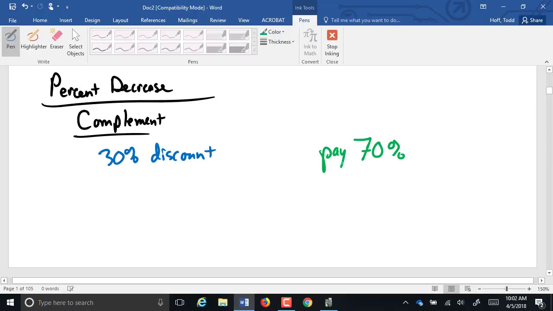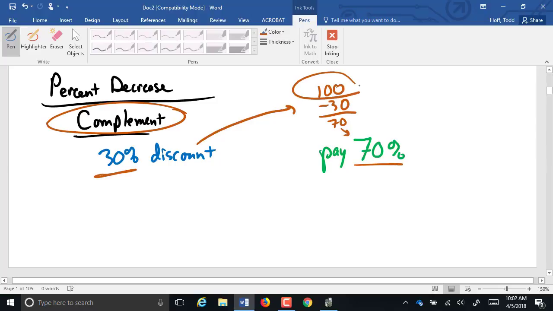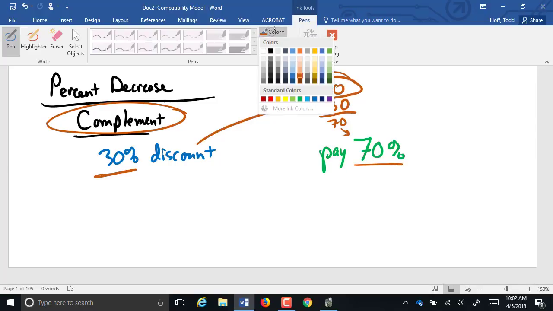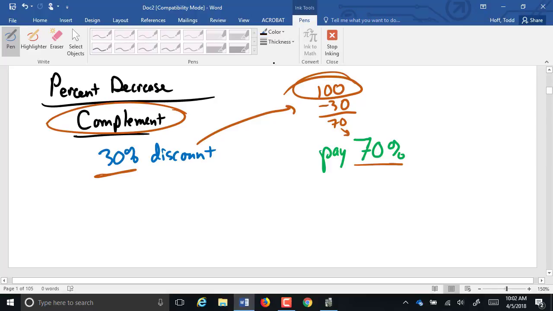You pay 70%. Where did that 70% come from? Well, the whole amount is 100%. You subtract the 30% discount. That means there's 70% left over. You pay 70%. Those percents are called complements because they add up to 100. Anytime there's a discount like that, the discount and the percent paid have to add up to 100.